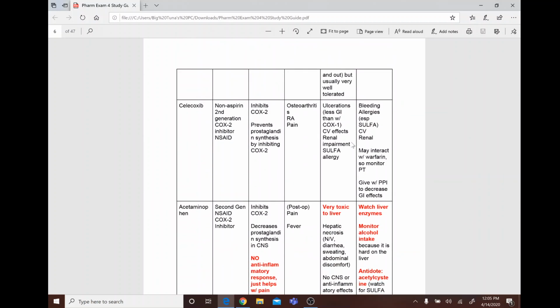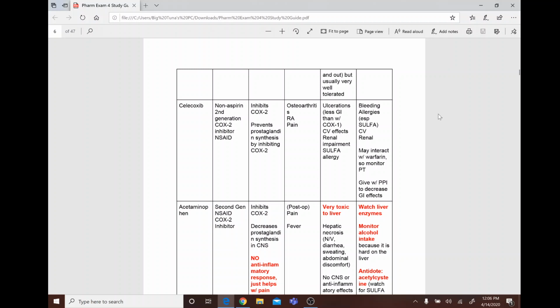All right, Celecoxib. What is the therapeutic class of Celecoxib? Non-aspirin, second gen, COX-2 inhibitor NSAID. What is the action of Celecoxib? Prevents prostaglandin synthesis by inhibiting COX-2.